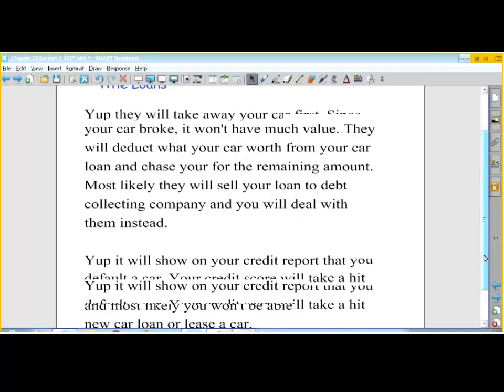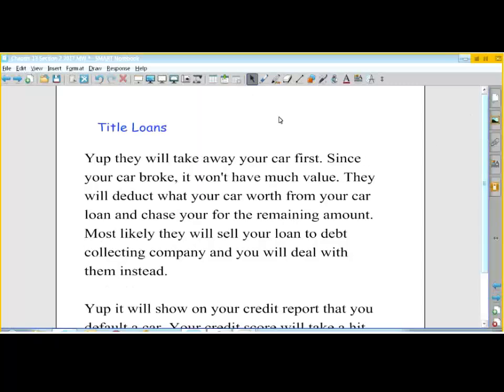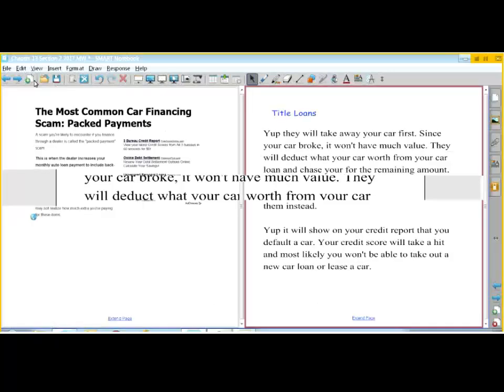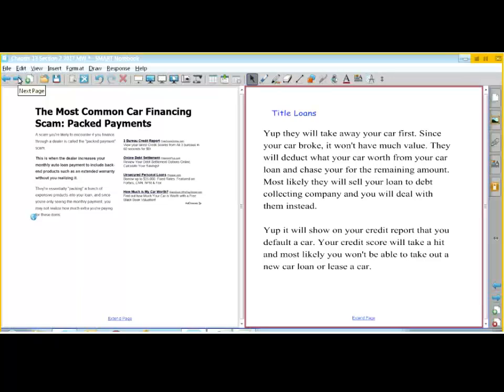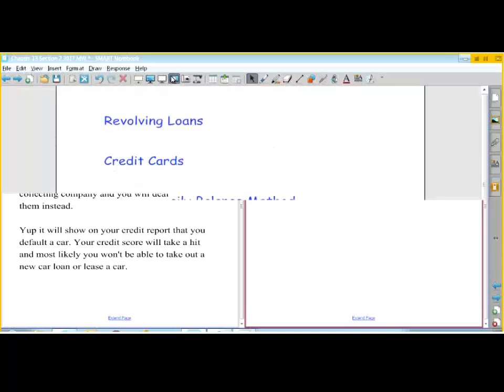It'll show up in your credit report as a default. Your credit score will take a hit, and most likely you won't be able to take out a new car loan or lease a car. So it's not a thing you should try. It's not as nice as the commercials make it out to be.